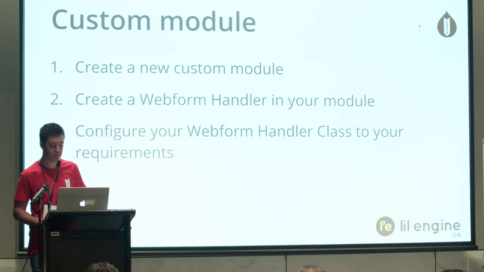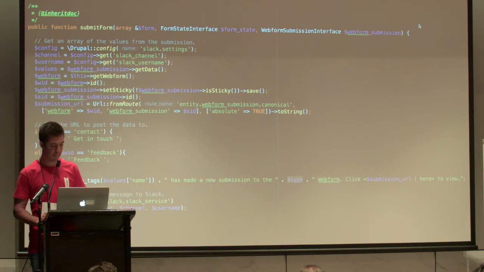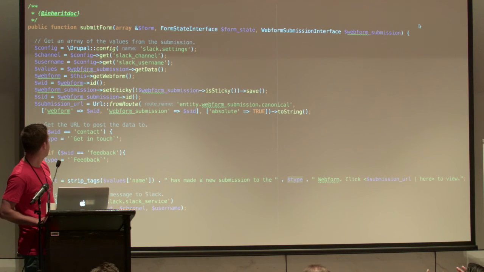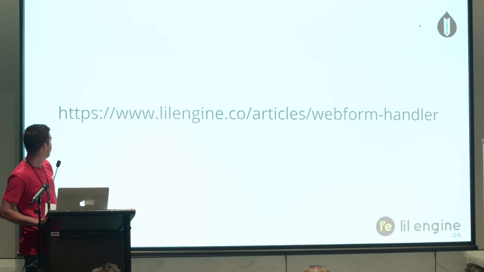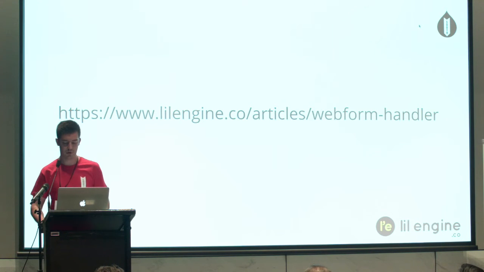To create a custom module for this, we need to first create our module, create a web form handler in the module, and then configure the web form handler to our requirements. I have put a snippet up here of my handler, but to save you having to read through all of that, all the code from my module is available on the Little Engine website.